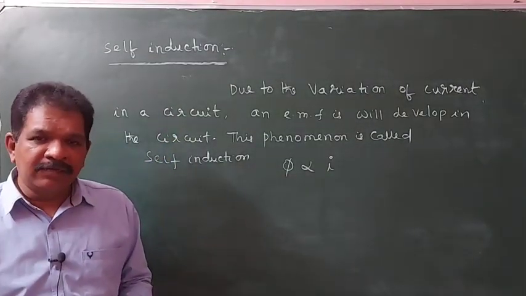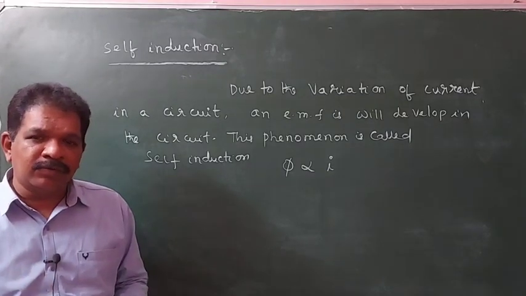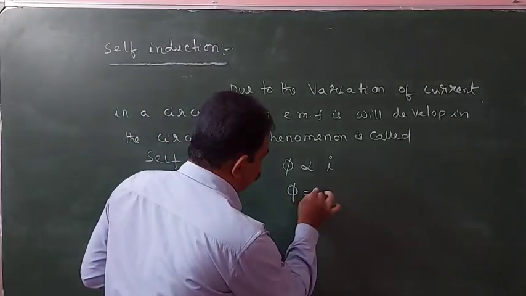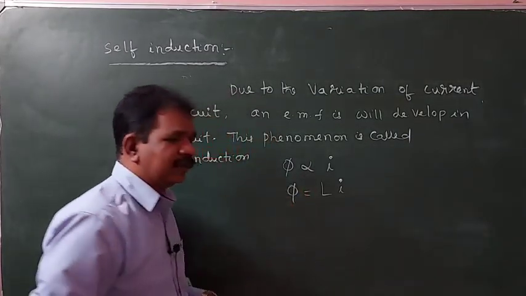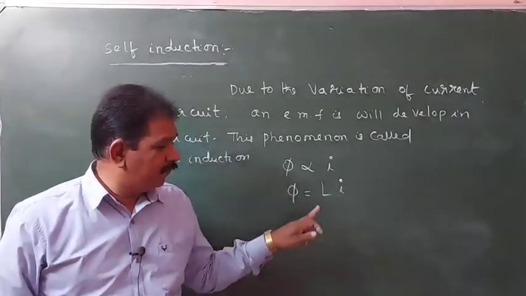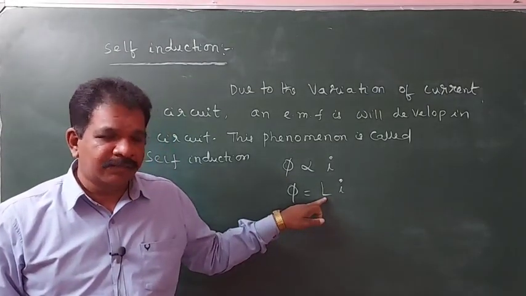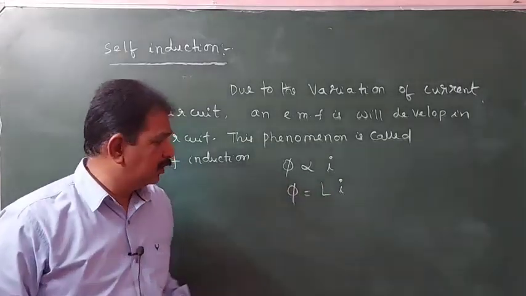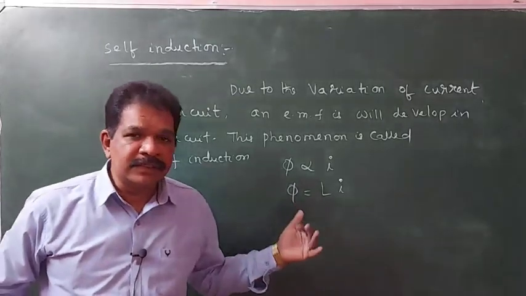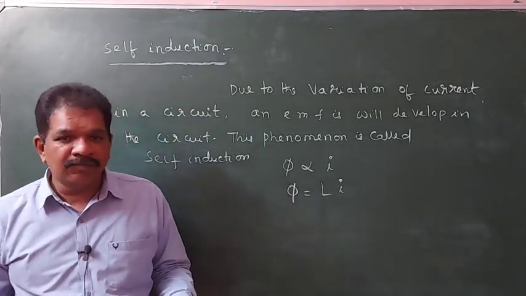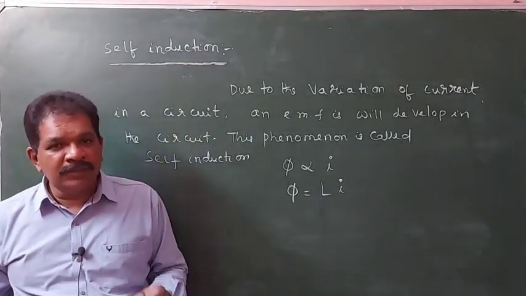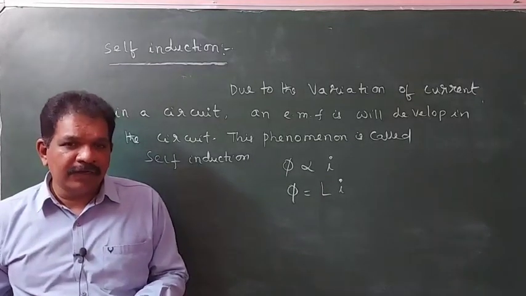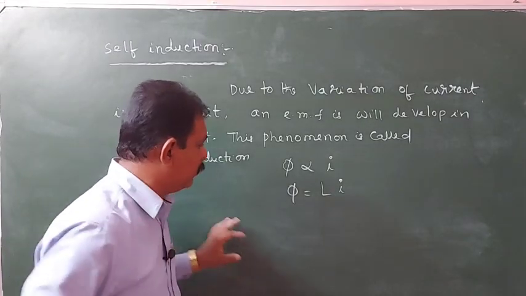Then phi is equal to some constant L into I, where L is called the coefficient of self-induction, or we can call it self-inductance.